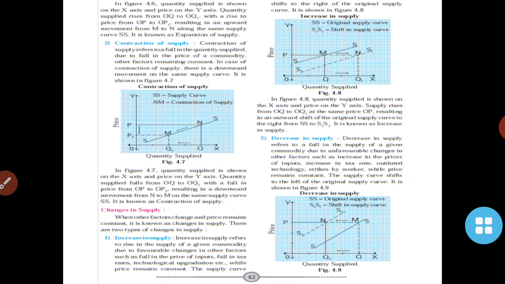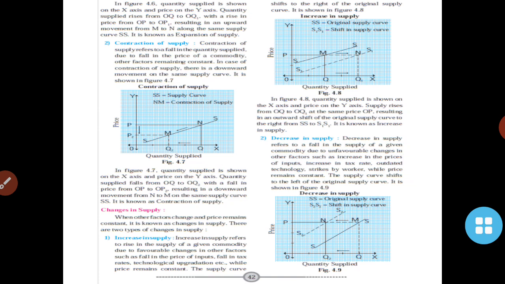Decrease in supply refers to a fall in the supply of the given commodity due to unfavorable changes in other factors, such as increase in prices of inputs, increase in tax rate, outdated technology, and strikes by workers. The examples are of government tax and outdated technology, meaning few companies are using only their old technology and are not adopting new technology.